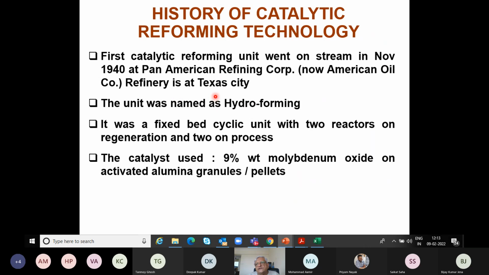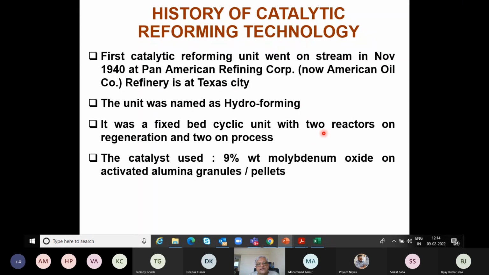In fact, more than 50 units like this were built during World War II, basically to provide not only gasoline but also toluene for making trinitrotoluene, which was used as an explosive. The first catalytic reforming unit went on stream in November 1940 in a refinery in Texas, and this technology was called hydroforming.